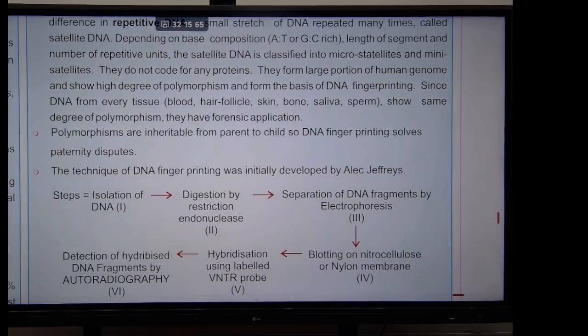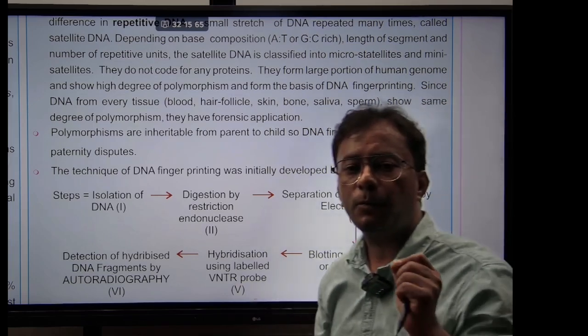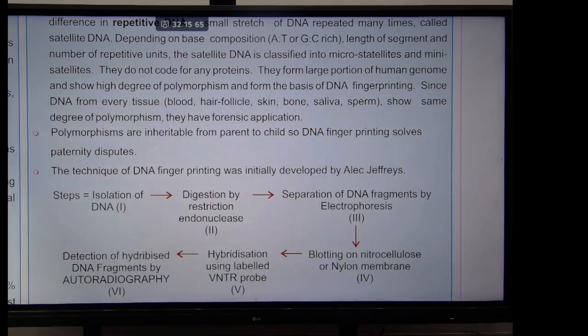Like you see, they do not code for any proteins. These are unique from person to person. They form a large portion of the human genome and show a very high degree of polymorphism. That means they are repeated several hundreds of times in one person.